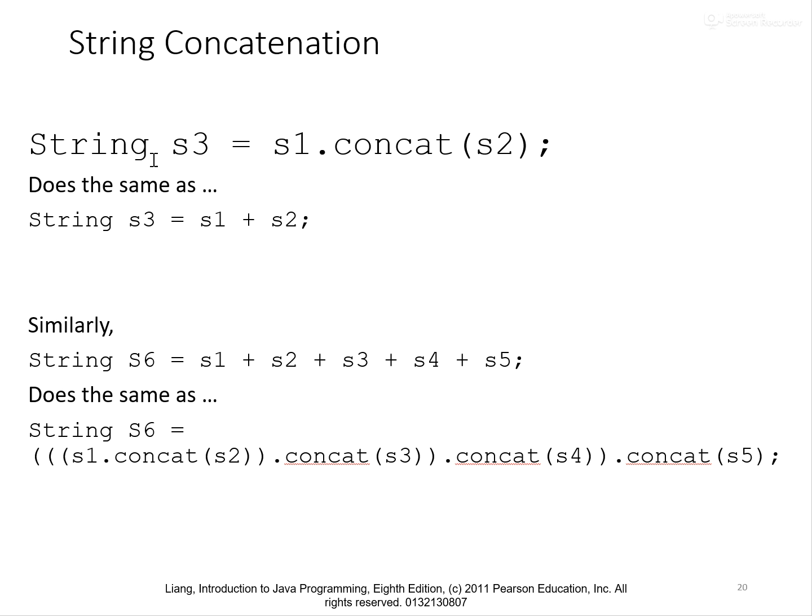So if you think this is equally good, consider what you would have to do if you had to concatenate a whole bunch of strings, like 5 strings over here, and put them into a new string object as 6. If you do that using the concat method, this is the code you would have to write. As you can see, not very readable, not very intuitive. So stick to the addition sign to keep your code readable.